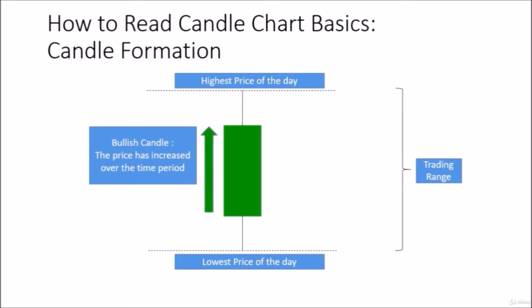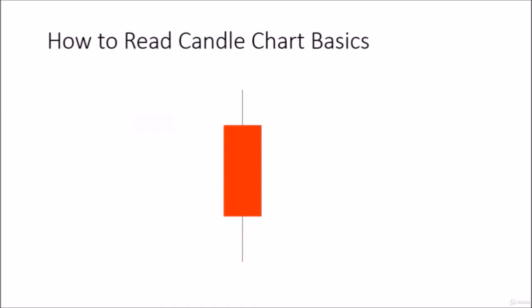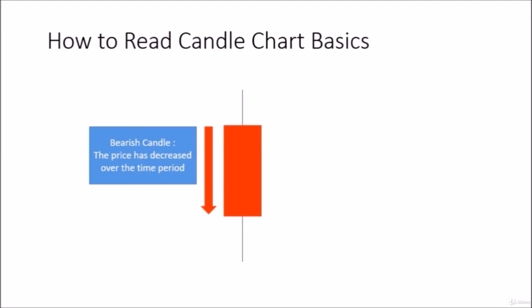As you can see, a bullish candle happens when the green candle appears and the price has increased over the time period. The same goes for when the market is moving downward and forming a bearish pattern.